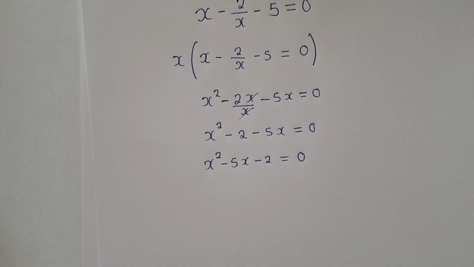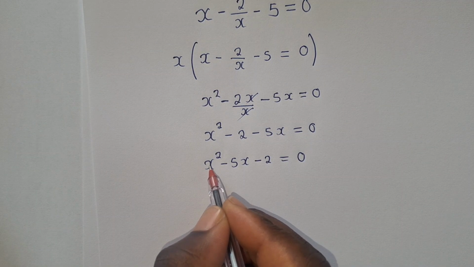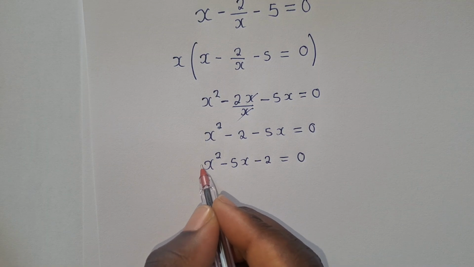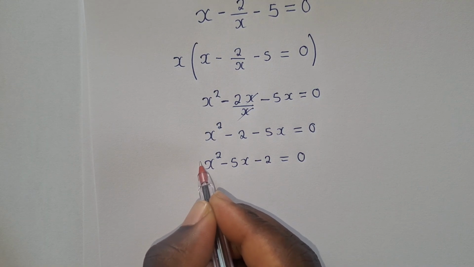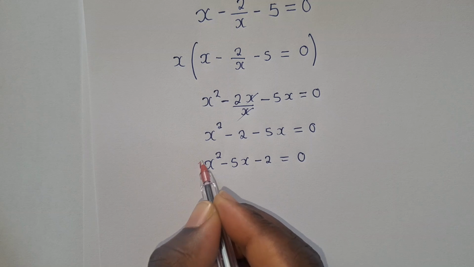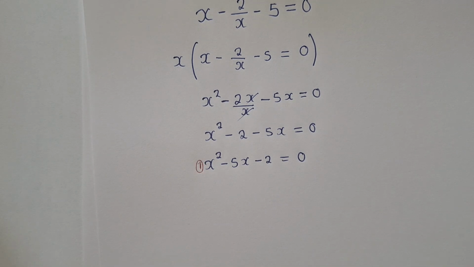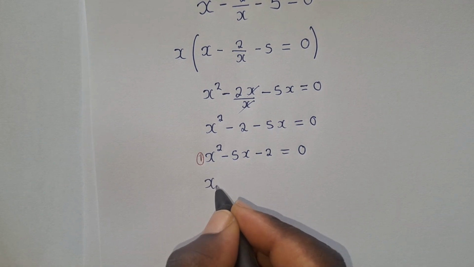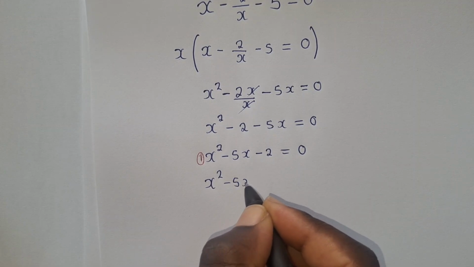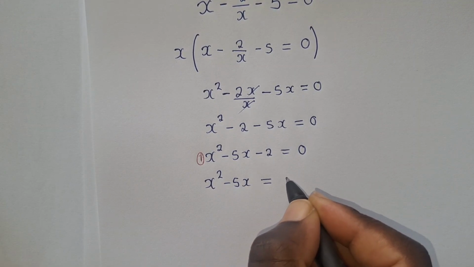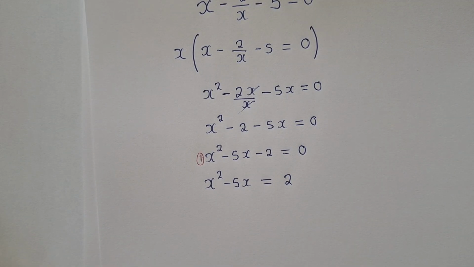So the rule of the completing the square method says that right here at the x squared term, we must have a coefficient of 1. So there must be a 1 here, and we've got a 1 here, okay? So the next thing will be to separate, so each term with a variable will be on one side of the equation.